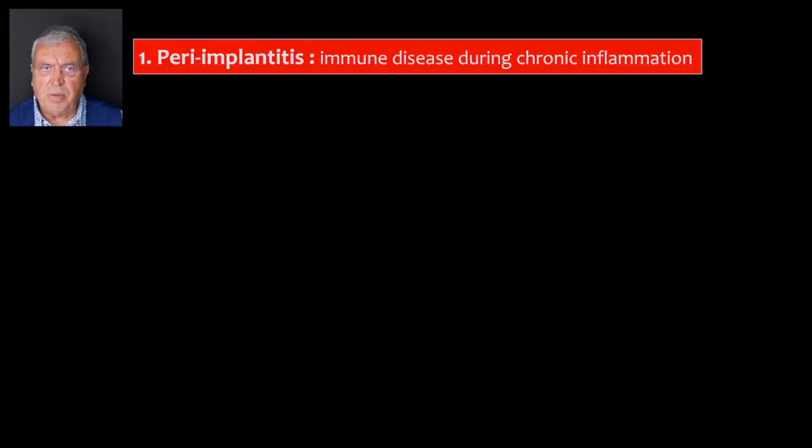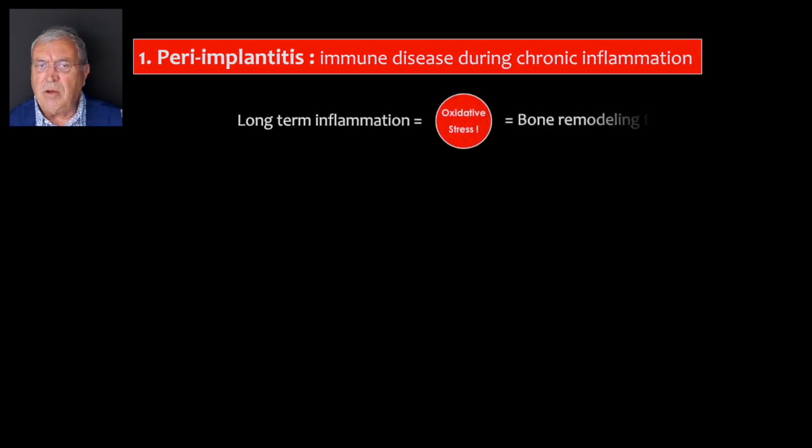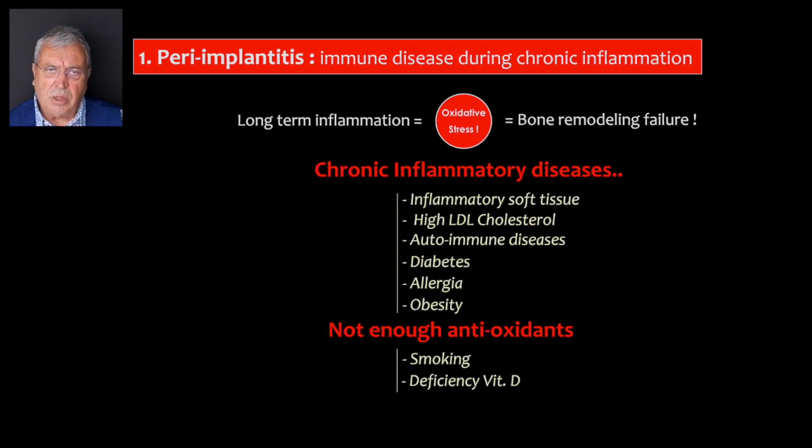First, chronic inflammation. Long term, followed by bone remodeling failure. We know all the pathologies that are making a chronic inflammation or reducing the antioxidant production. Then, when you have a patient like that, if he has high cholesterol, you can reduce it.